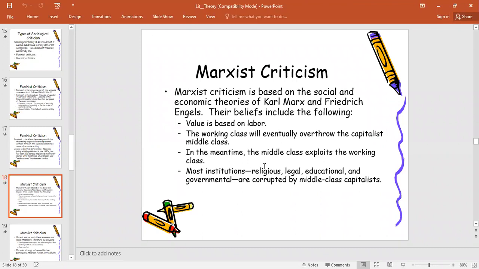Marxist criticism. Marxist criticism is based on the social and economic theories of Karl Marx and Friedrich Engels. Their beliefs include the following. Now, see, Karl Marx is very much popular because of the economic theories which he put forward.